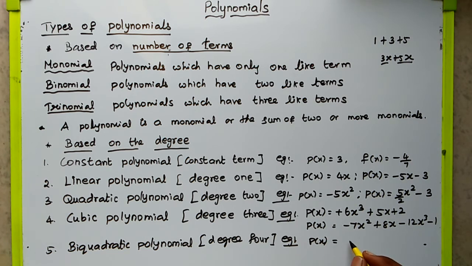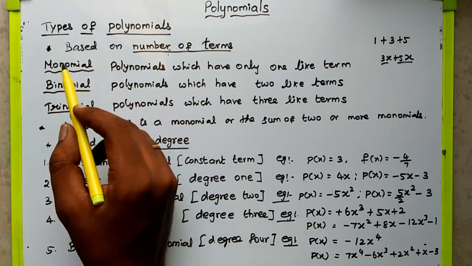Example, p of x equal minus 12x power 4, p of x equal to 7x power 4 minus 6x power 3 plus 2x square plus x minus 3. So here biquadratic polynomial.